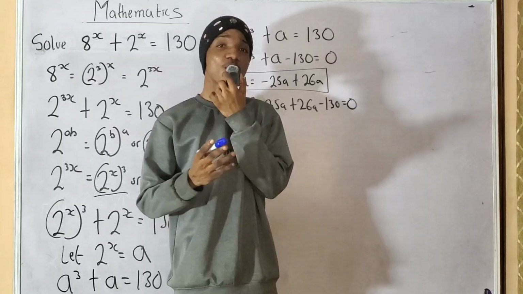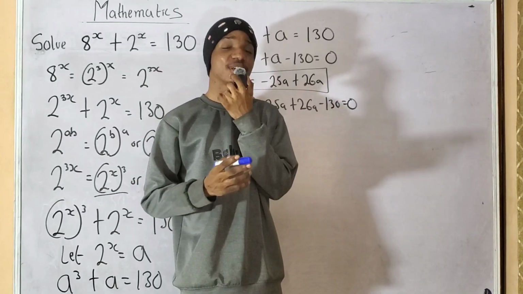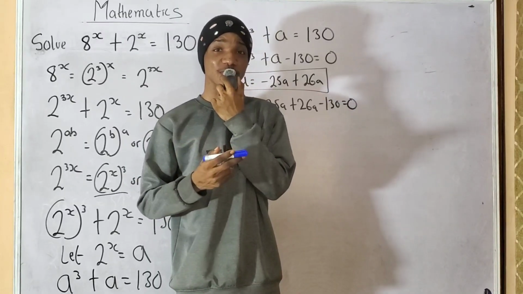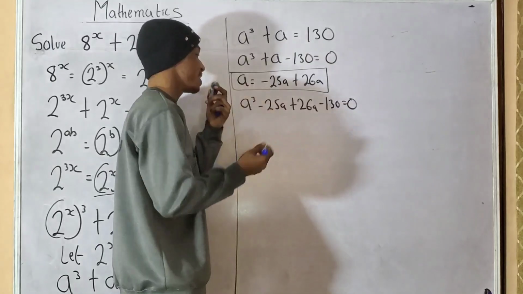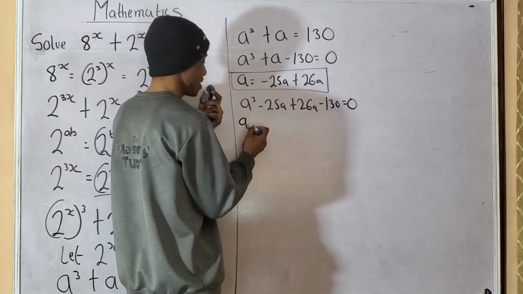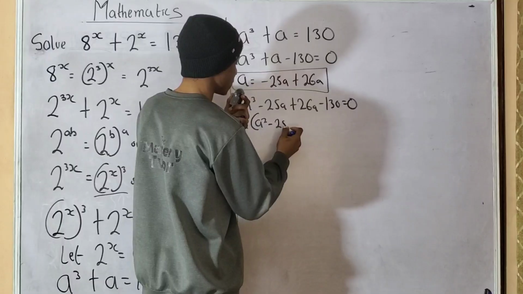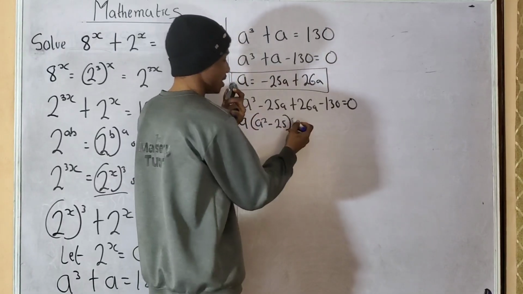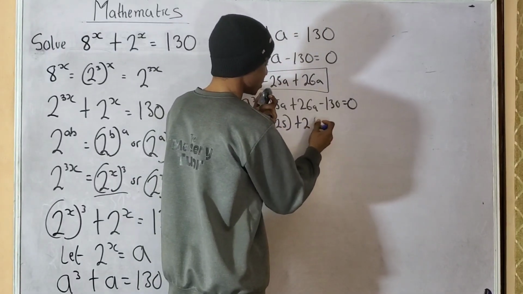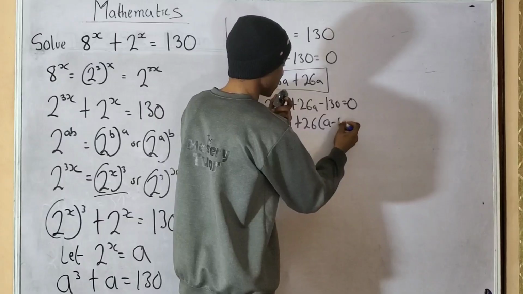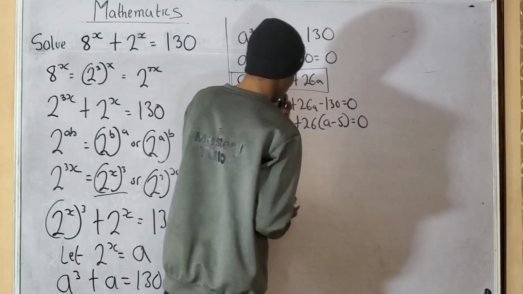If you want to learn more on how to solve cubic equations, you can check our channel on YouTube, okay? Now, here I'm going to factorize a multiplied by a squared minus 25. Then here I'm going to have plus 26 multiplied by a minus 5. This will be equals to 0.